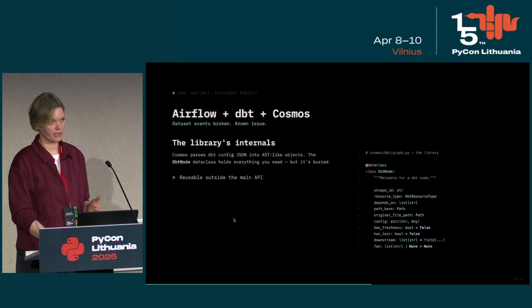Another example, and a little bit of context. Those who work with data probably know about the pipeline orchestrator Airflow, the data modeling tool dbt, and a nice library, Cosmos, that seamlessly connects the two.